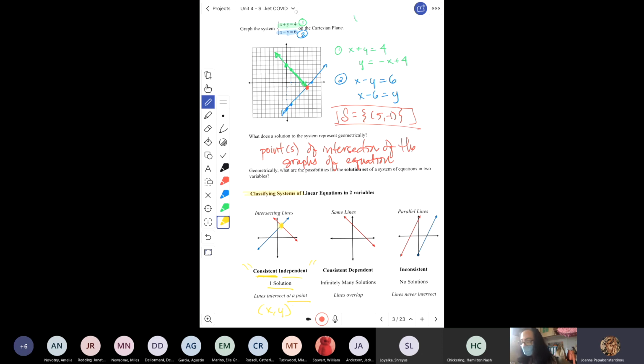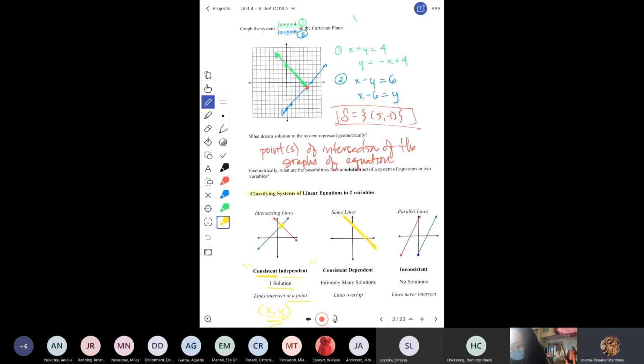So you are going to be asked to classify the system using this language. You're going to have to state the number of solutions. And in the instance that there is one solution, you're going to have to state the point of intersection. The second way that these two lines could be related is, well, they could be the same line.